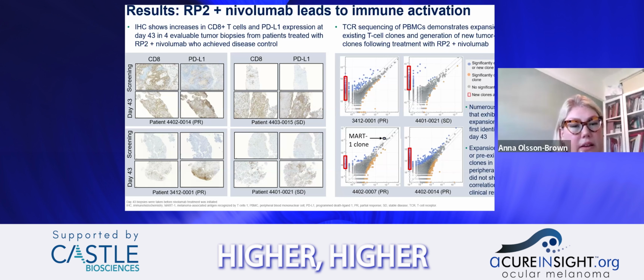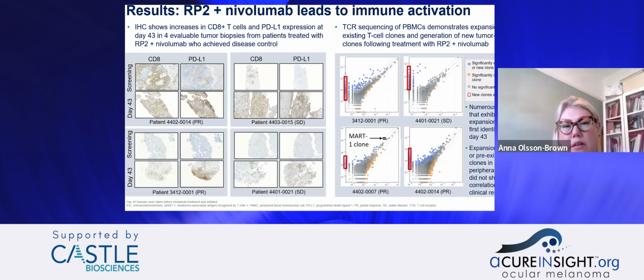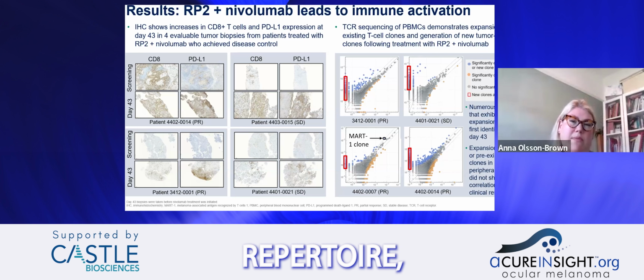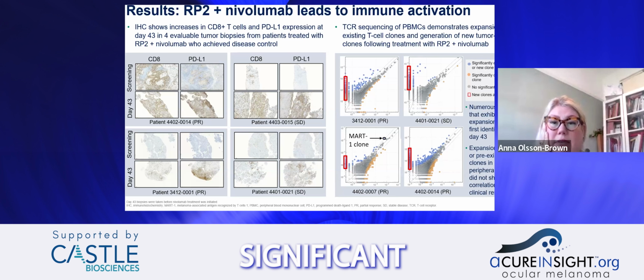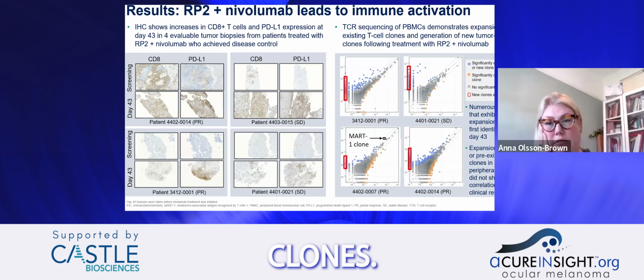Interestingly, we also looked at T cell receptor sequencing within PBMCs, within the peripheral blood, looking to see if we could see a response in the circulating immune cell repertoire as a response to treatment. And we can see that there is significant expansion and new clones.